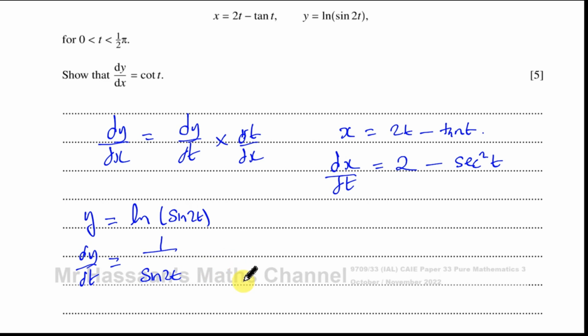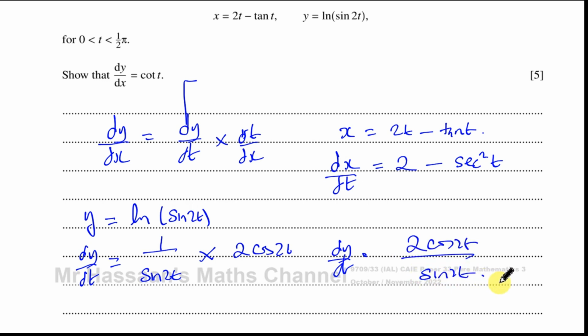Now, many of you stop there, but we have a function inside our function, so we have to use the chain rule. We have to multiply by the derivative of sine of 2t. If you differentiate sine of 2t, you get 2 times cosine of 2t. So we can say that our dy dt, therefore, is equal to 2 cosine of 2t over the sine of 2t. Okay, so that's dy dt.